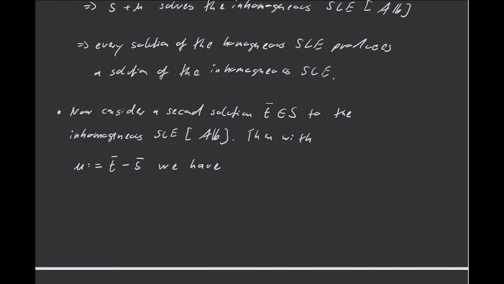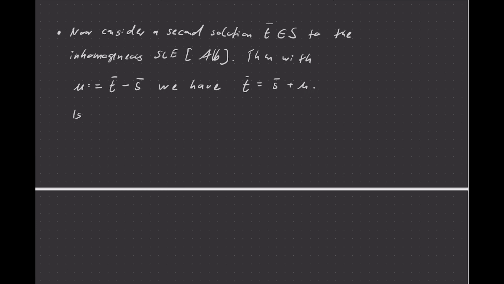And of course we did that because that means, in other words, T bar is S bar plus U. So T bar has the desired form. The only question is, is U actually a solution to the homogeneous system? So is U contained in capital U?